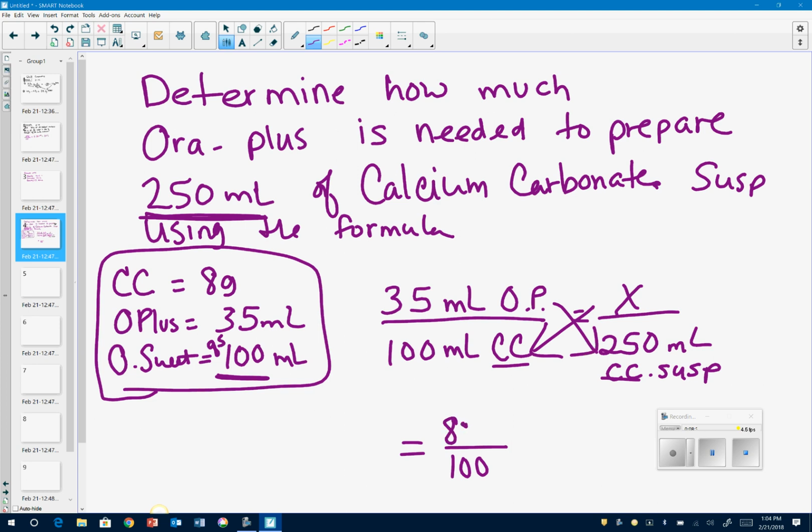It's 8,750 divided by 100. And of course, you would need 87.5 milliliters of your Aura Plus to make 250 milliliters.